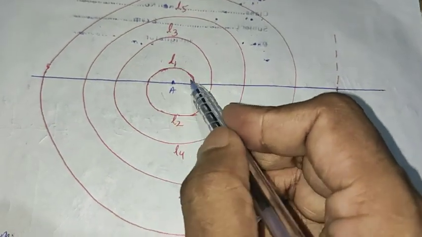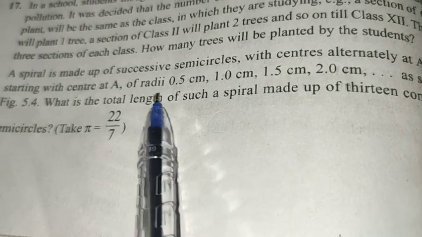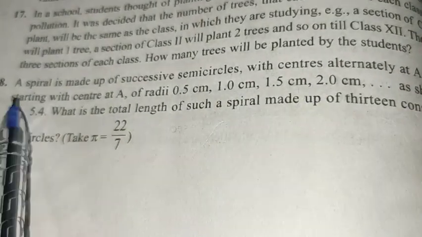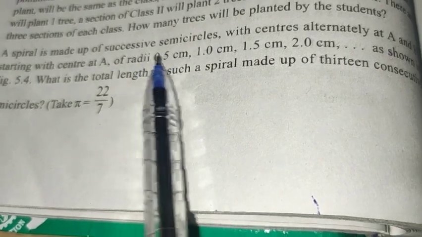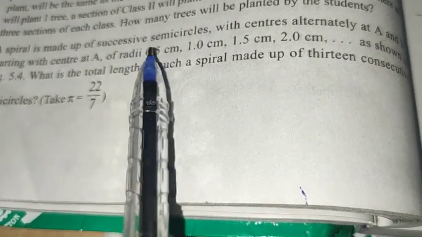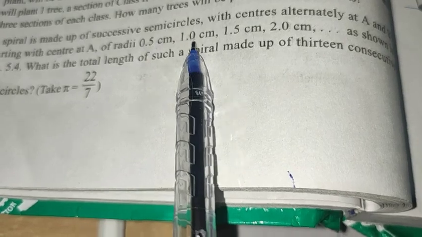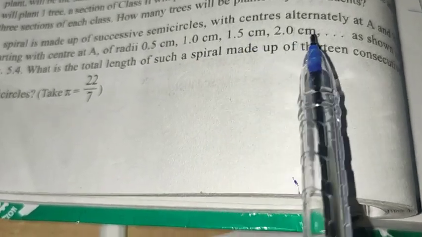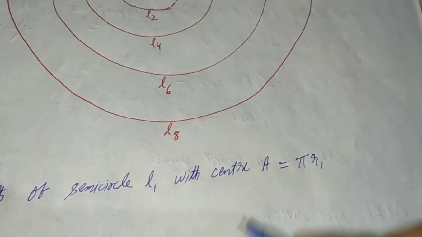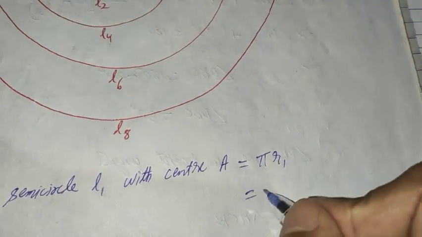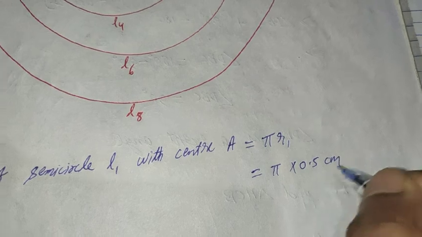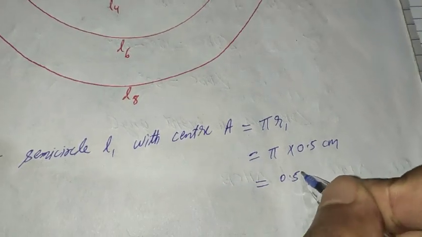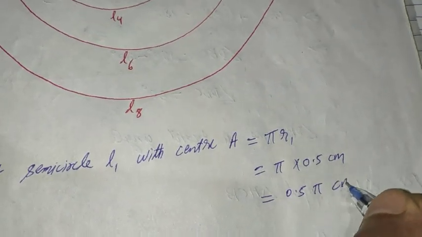The radius of L1 is 0.5. In the question it is already given, starting with center at A of radius 0.5, 1 centimeter, 1.5 centimeter, 2 centimeter. So L1 is pi into 0.5 centimeter, that implies 0.5 pi centimeter.